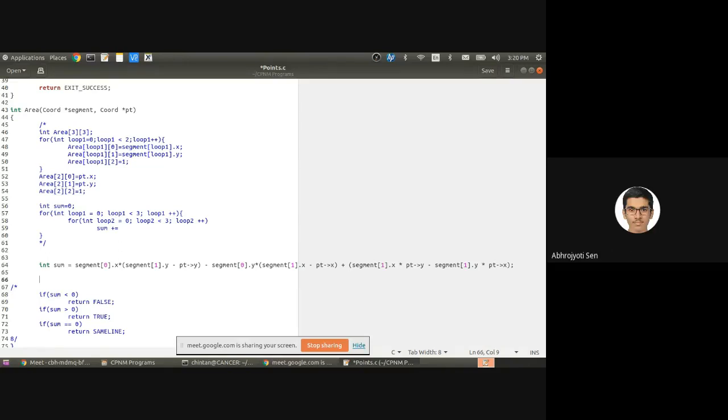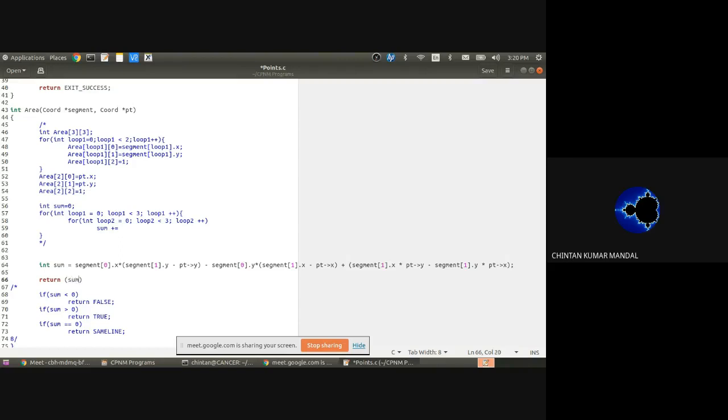Sir, I'll take a value, say an int, and return 0 or 1 like that. Okay, so I'll be returning something. Return sum greater than, sum less than 0, okay.